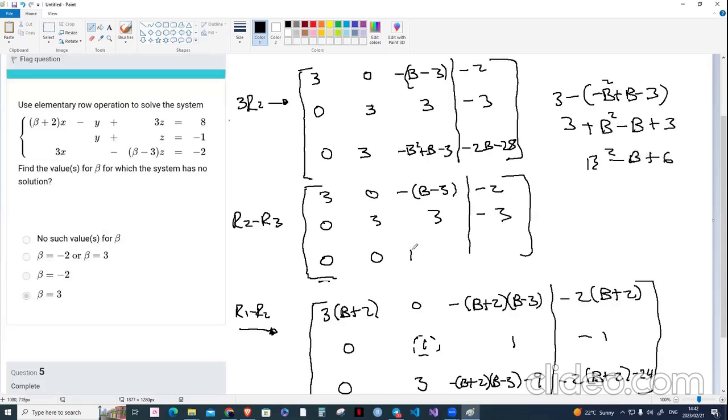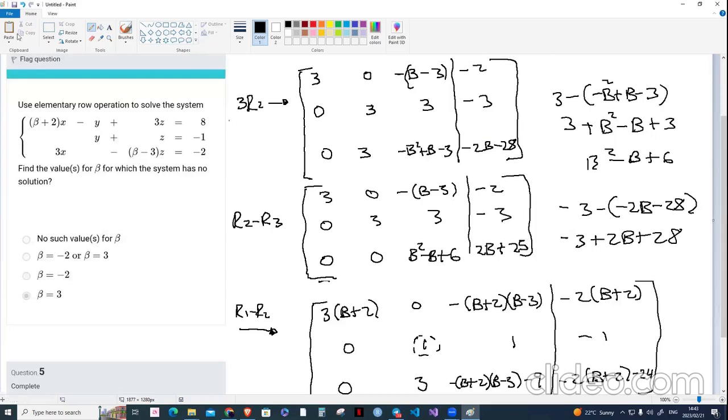So b squared minus b plus 6. Then now negative 3 minus this one. So minus 3 minus 2b minus 28 will be minus 3 plus 2b plus 28, which is 2b plus 25.